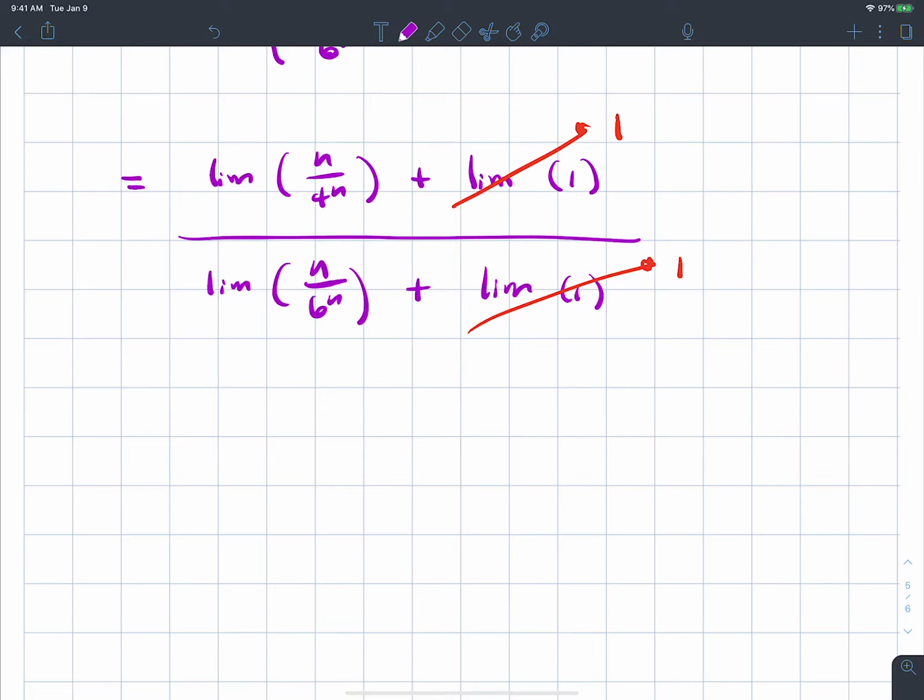I want you to note, you have the limit of n over 4 to the n. And you say, as n gets big, we know this is infinity over infinity.